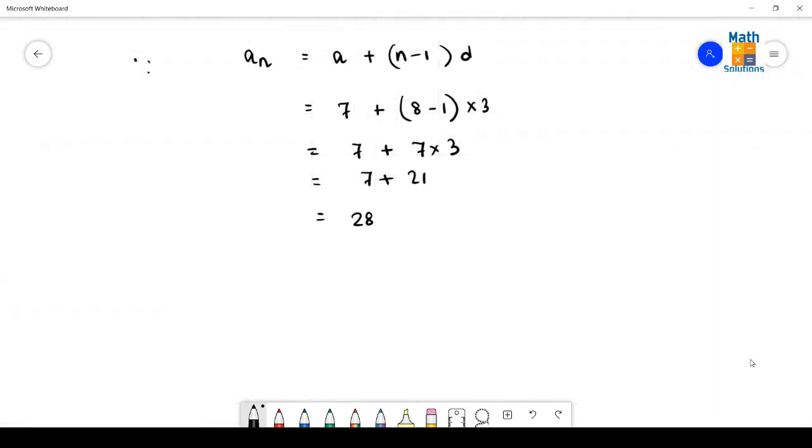So coming to 2, given a is equal to minus 18, d is not known to us, n is equal to 10, a_n is given to be 0. To find out what is d, let us check here.